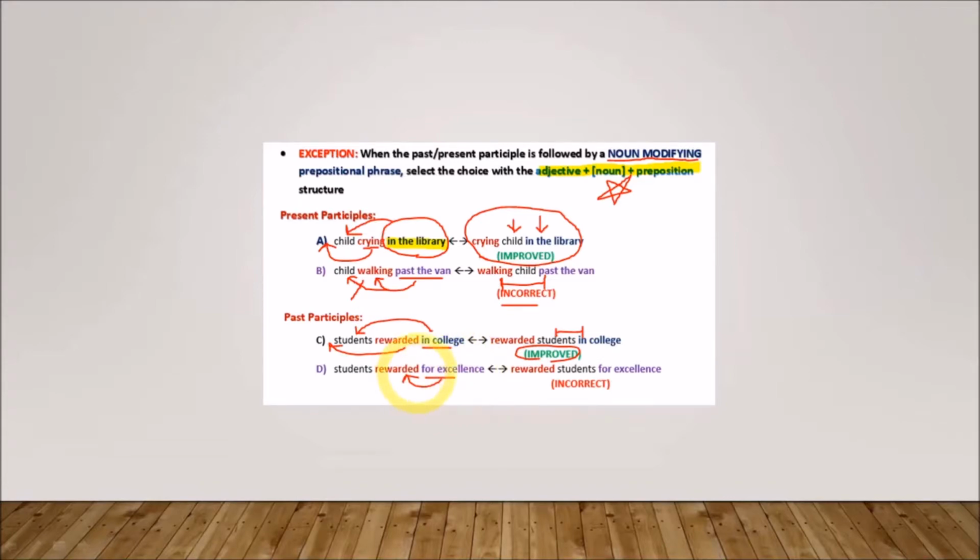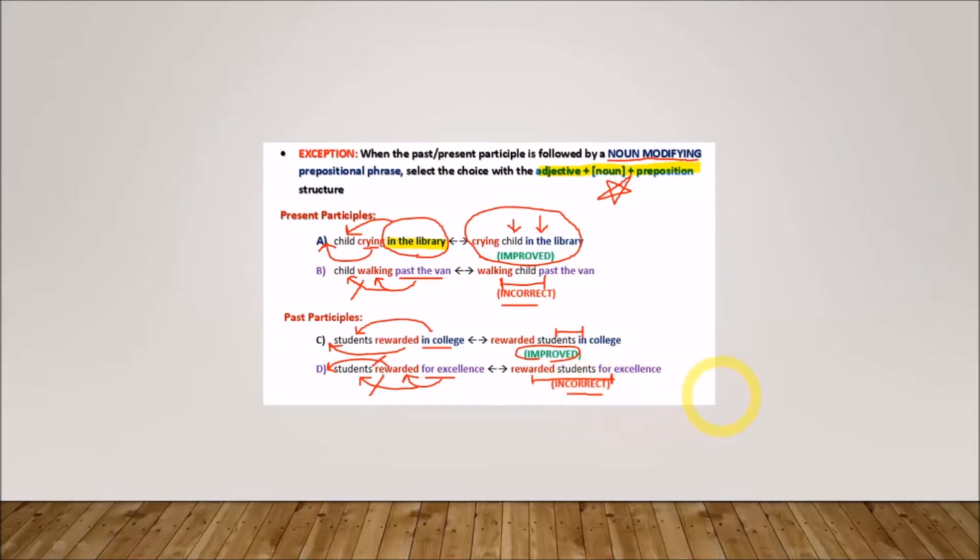The prepositional phrase for excellence modifies the past participle rewarded, not the noun students. And similar to the case for present participles, you cannot effectively move the participle to precede the noun, because doing so will just move rewarded farther away from the prepositional phrase that modifies it, namely, for excellence.